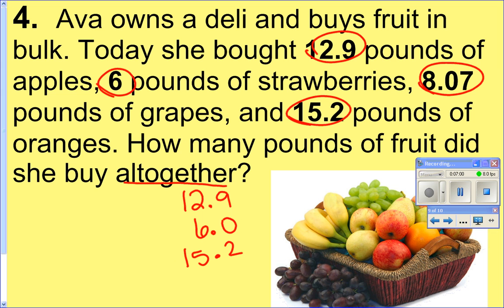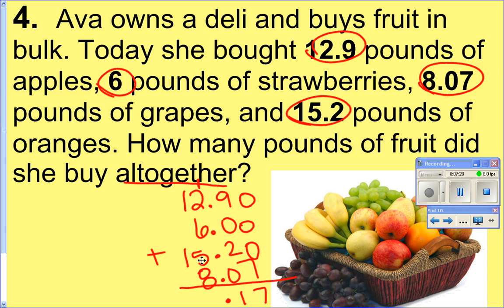12 9/10 plus 6 plus 8 7/100 plus 15 2/10. Remember to line up your decimals. If you don't see a decimal in the number, it goes at the end. If you need to add in zeros as placeholders, you can do that. 7 plus 0 is 7. 9 plus 2 is 11. 2 plus 1 is 3. Plus 6 is 9.